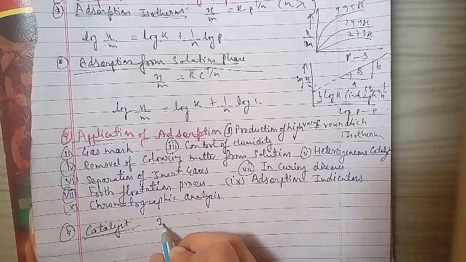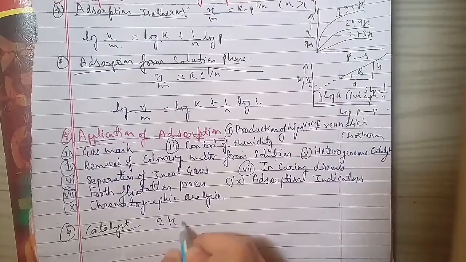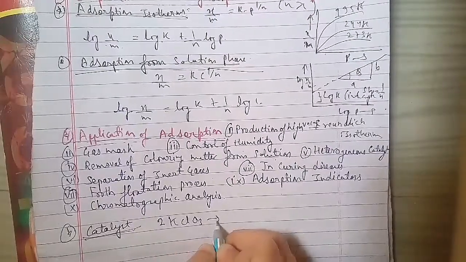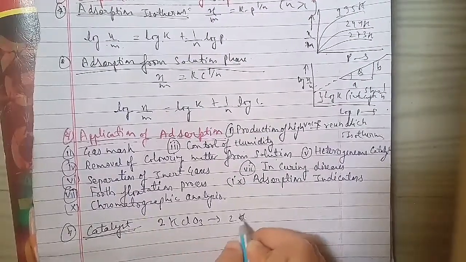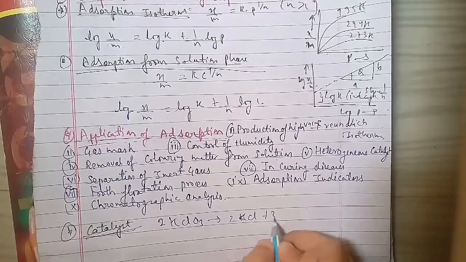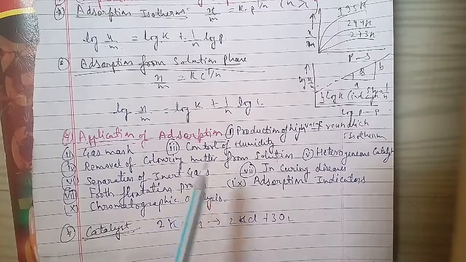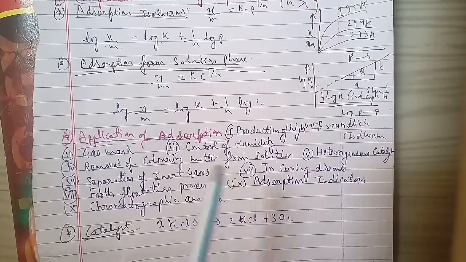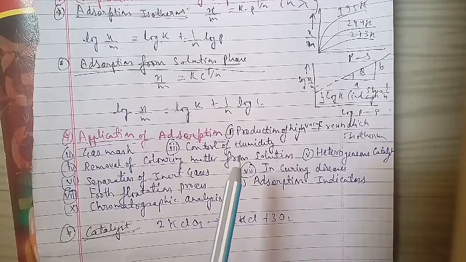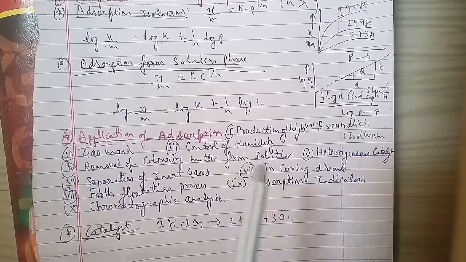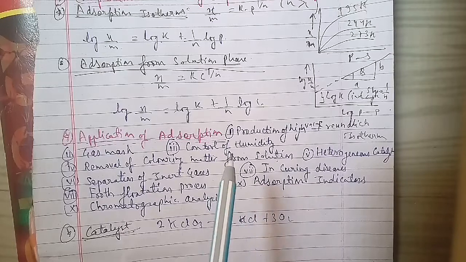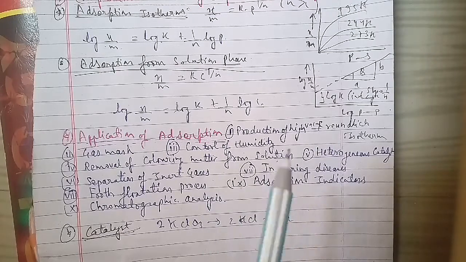The systematic study of the effect of various foreign substances on the rates of chemical reactions was first made by Berzelius in 1835, who suggested the term catalyst for such substances. Substances which accelerate the rate of a chemical reaction and themselves remain chemically and quantitatively unchanged after the reaction are known as catalysts, and the phenomenon is known as catalysis.